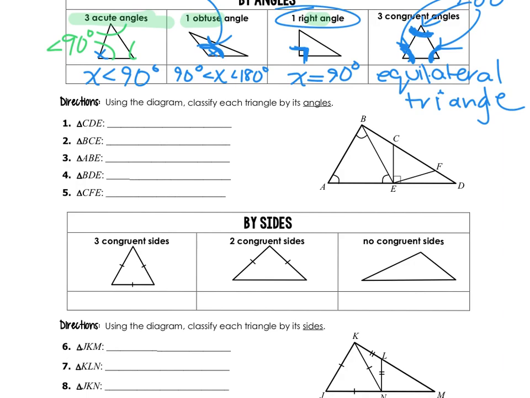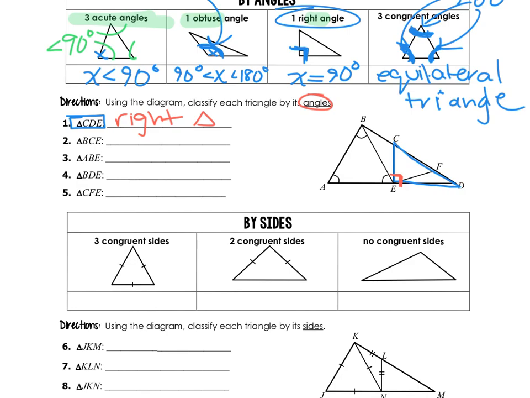So for triangle CDE, so that's right here, I can immediately tell that this triangle is a right triangle because of the box right here. So we're going to say this is a right triangle based on its angle.